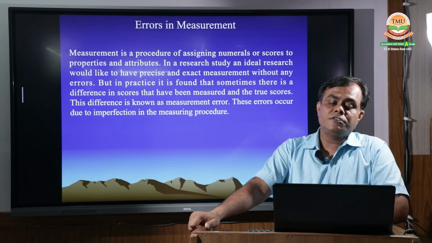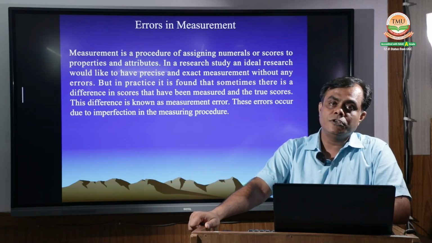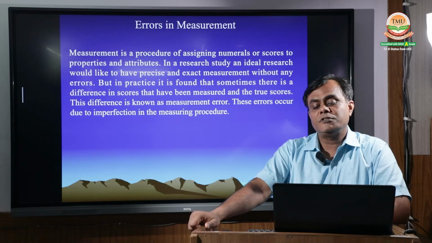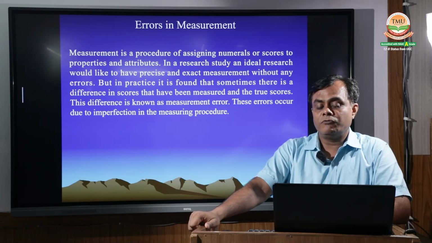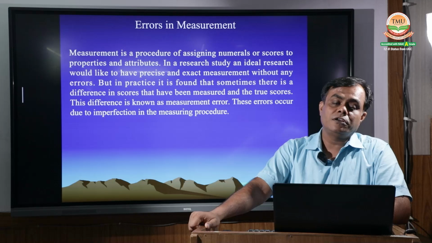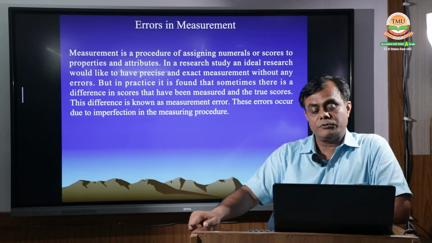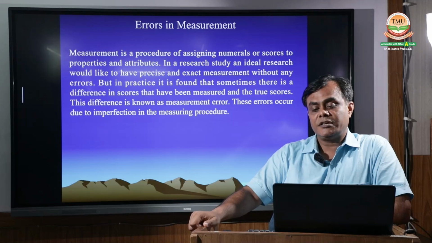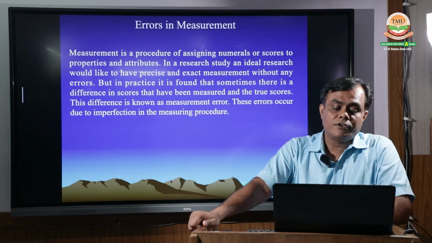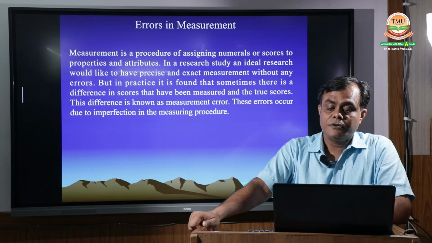So simply, in measurement we are using either cardinal measurement or ordinal measurement, and in one measurement we are using numerical values, and in the other type of measurement we are just using the properties and attributes.